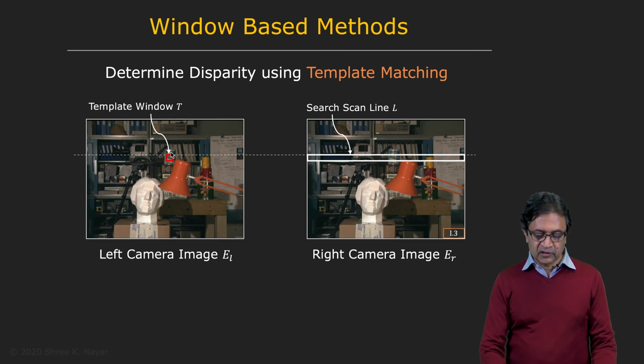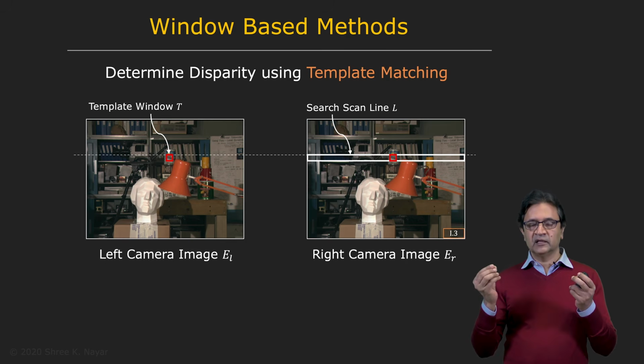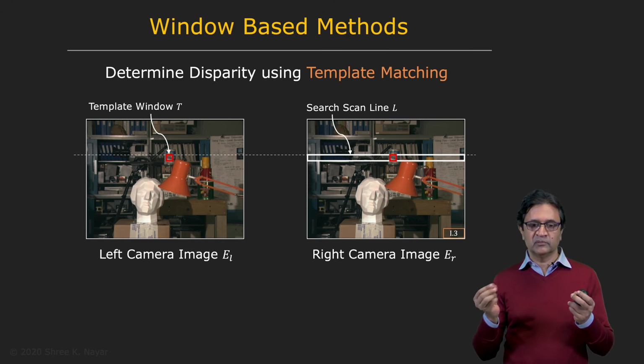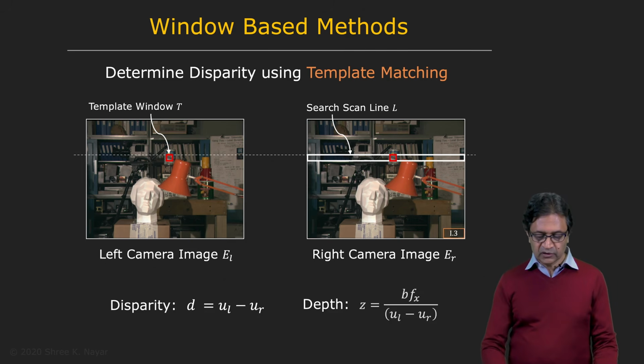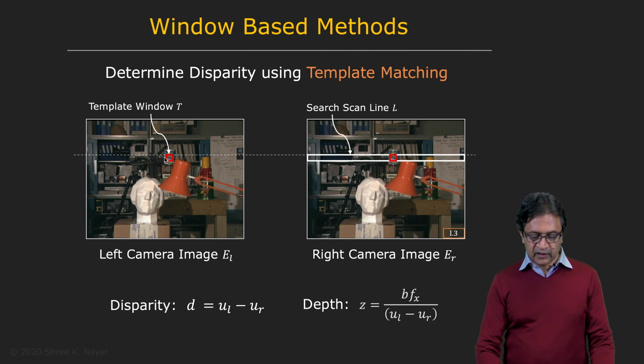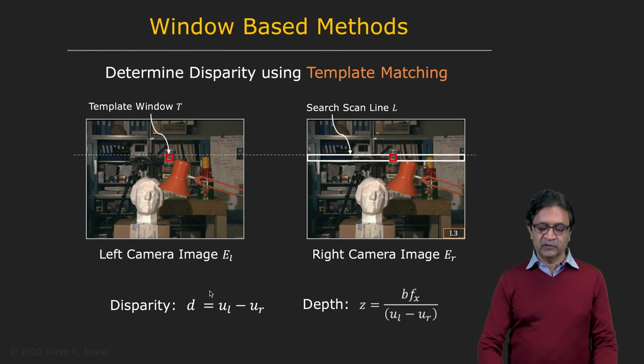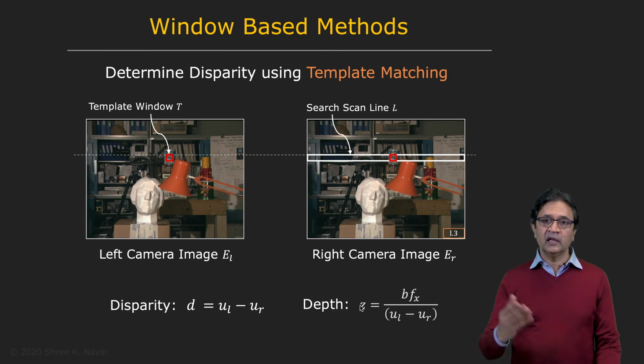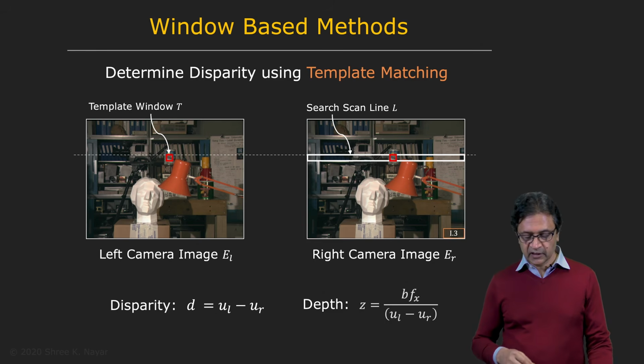And so therefore we take this little template, this little window, and use it as a template to match it with all windows along the same scan line. And the point where it matches best is declared to be the match, and that is the correspondence that we use to estimate disparity. So we can compute disparity by using UL and UR here, the locations, that gives you disparity. From disparity, we can compute depth, Z, and the other two coordinates, X and Y, as well, as we have seen before.